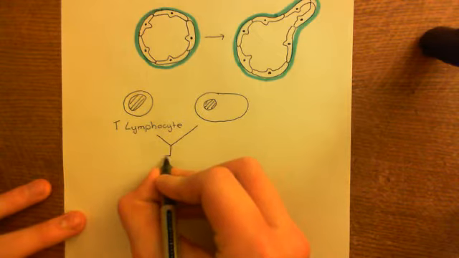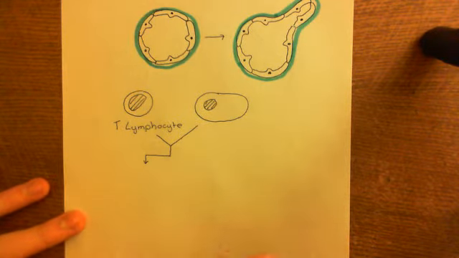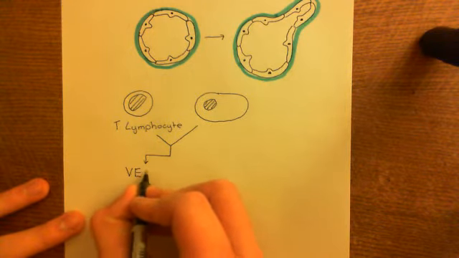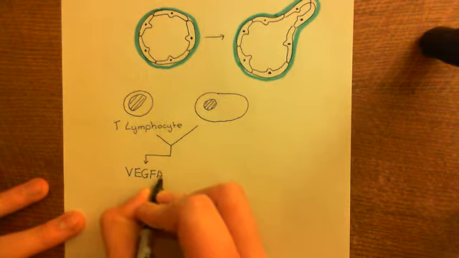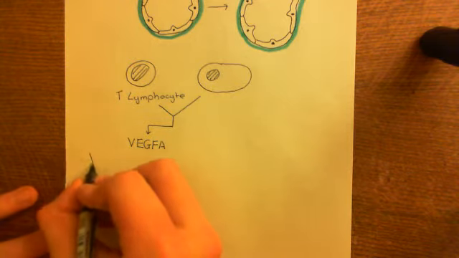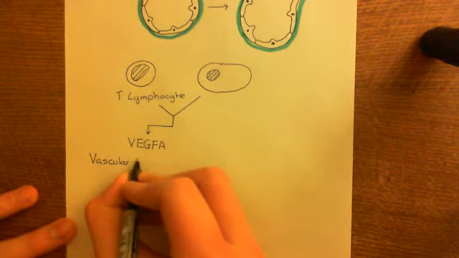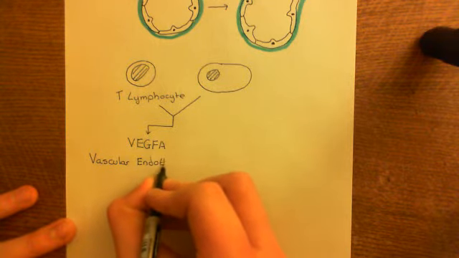endothelial growth factor, and I'm sorry, I was thinking of platelet-derived growth factor. No, this is vascular endothelial growth factor A. Specifically the A type is one of the most important. This is vascular endothelial growth factor, and this tells you exactly what it's going to act on.